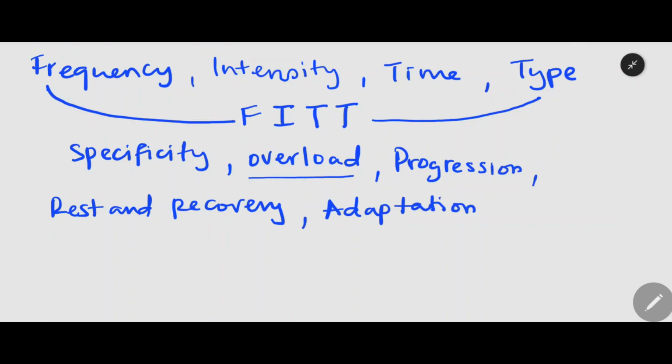Adaptation basically means the body going through physiological changes in response to training stress. And it helps the body to be able to cope with the demands of the training next time. So an adaptation could be getting stronger muscles from strength training, could be improved aerobic capacity from fartlek training or something like that. Next, we have variation.